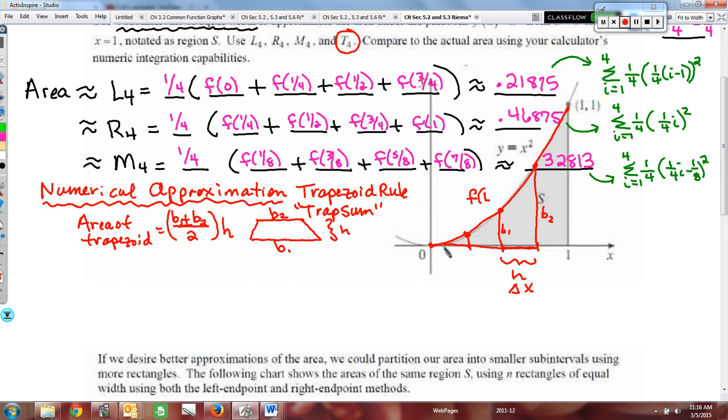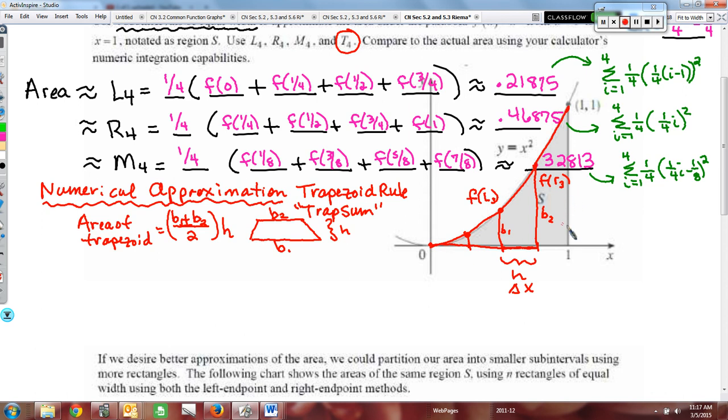So in this case, this would be L3. And then this one would be the height for the right endpoint, so that would be f of R3 that you're using for your right endpoint. And so the idea here is you could come up with a formula, and then you would add up all your trapezoid areas instead of adding up your rectangle areas.